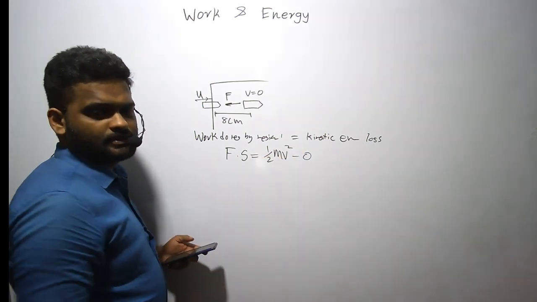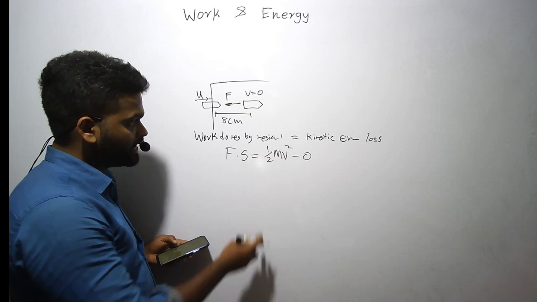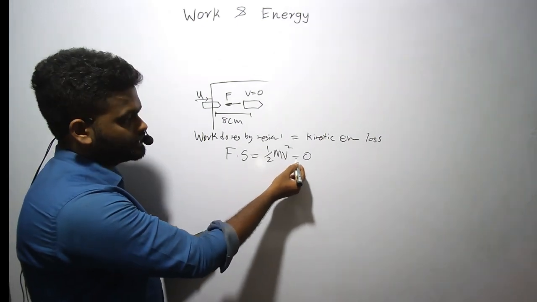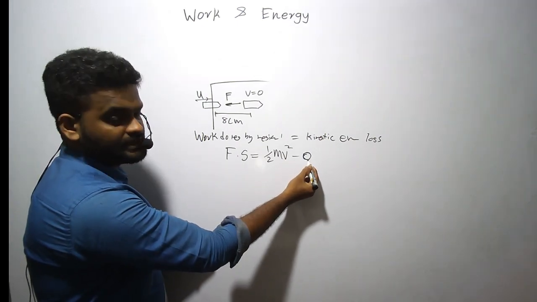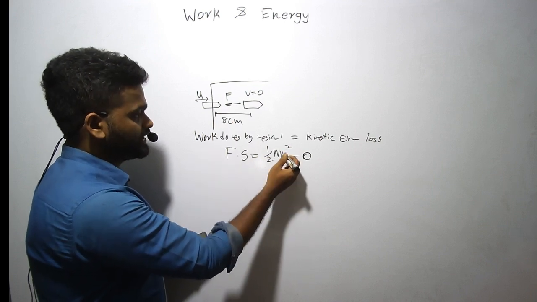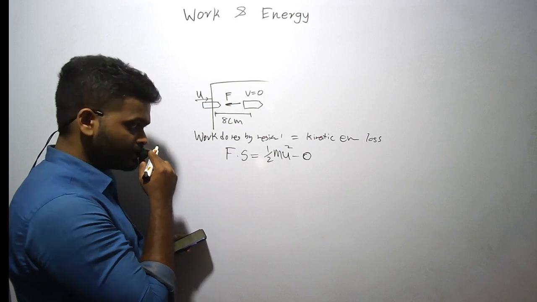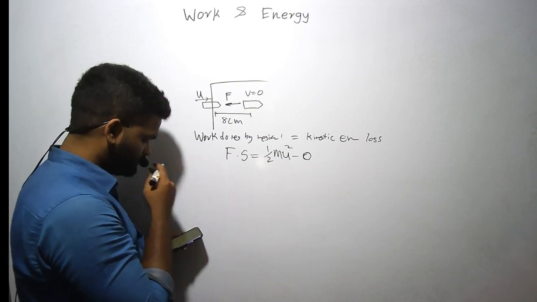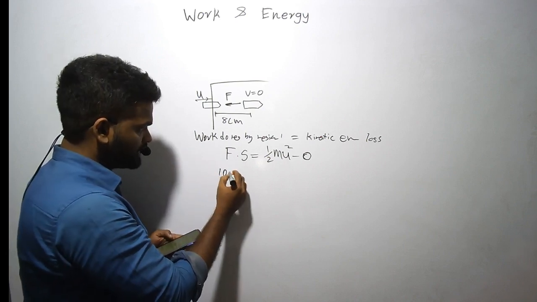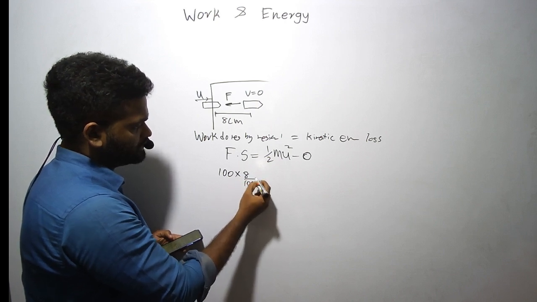Then you just have to do a substitution to find this v squared. Final velocity 0, initial velocity is v. Here u, right? I took it as u. Okay, do the substitution. Force 100, 8 centimeters, convert into meters.